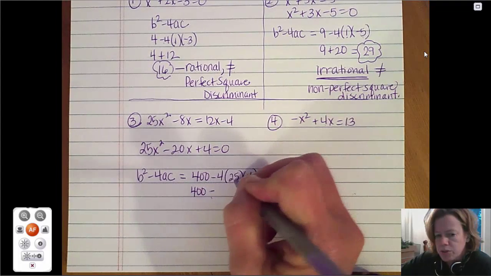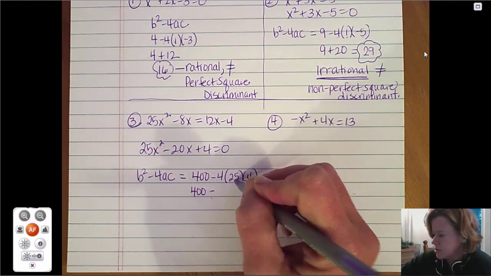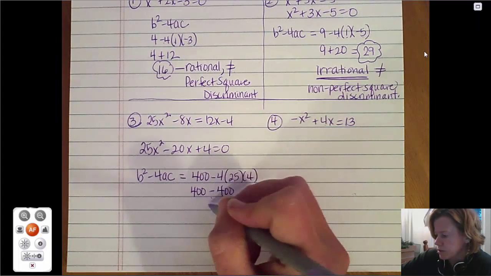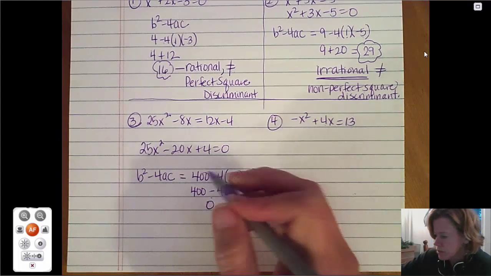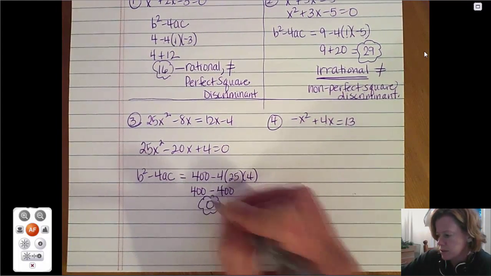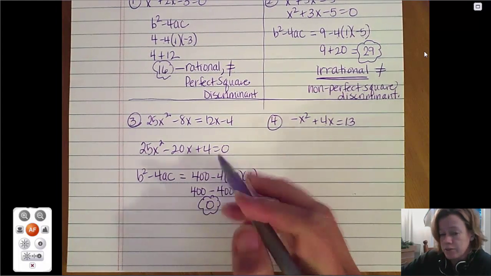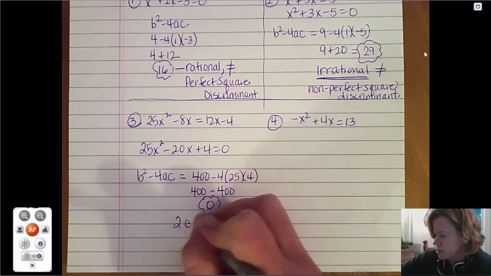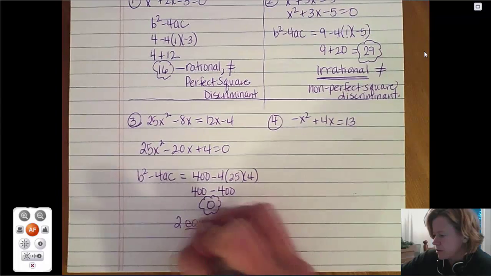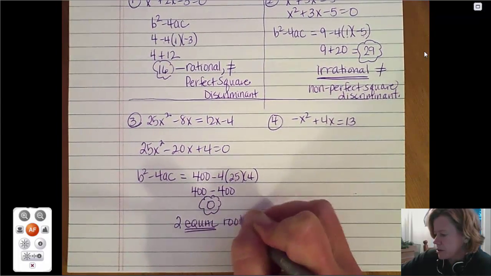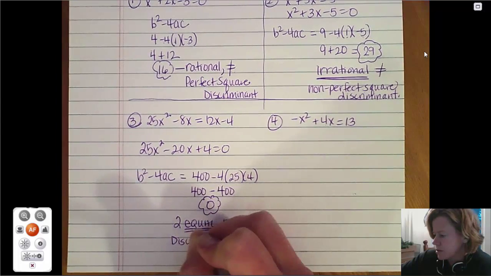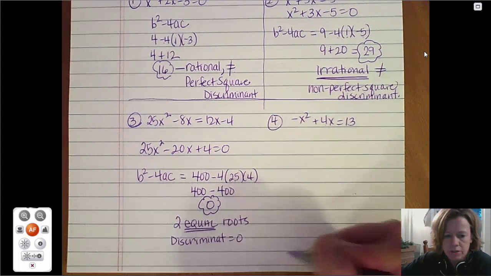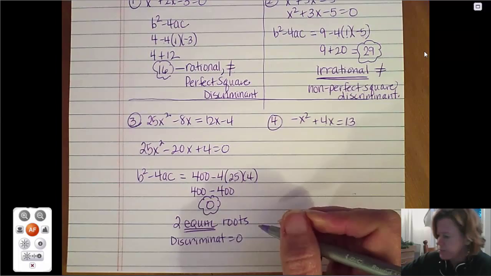Negative 4 times 25 is negative 100 times 4 is minus 400. 400 minus 400 is 0. The value of my discriminant was 0. When I finished solving that, I had 2 equal roots. When your discriminant is 0, you'll always have 2 equal roots.